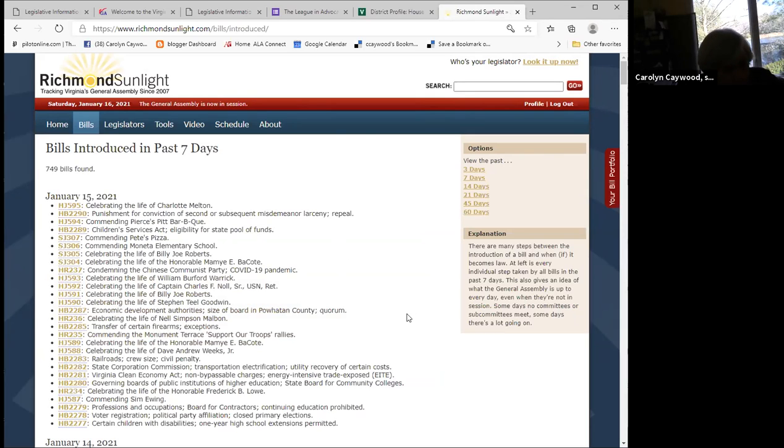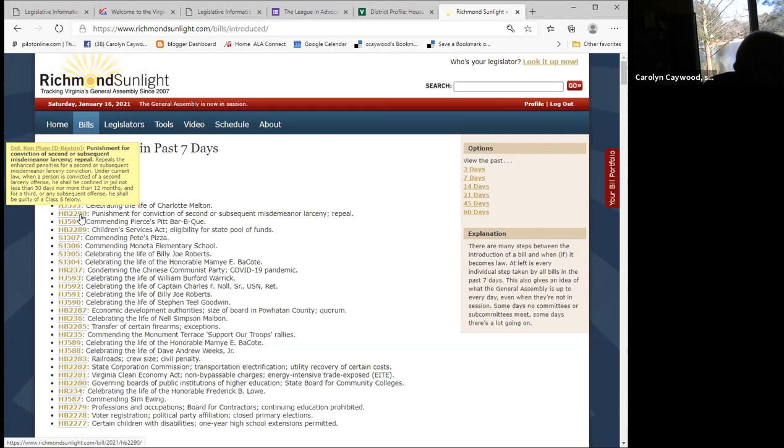This is a straightforward list of bills that have been added. So, for example, here we've got HB 2290 from Ken Plum. There's a little pop-up that gives you a brief idea, so you know whether you want to click on that. Punishment for conviction of a second or subsequent misdemeanor larceny, repeal.